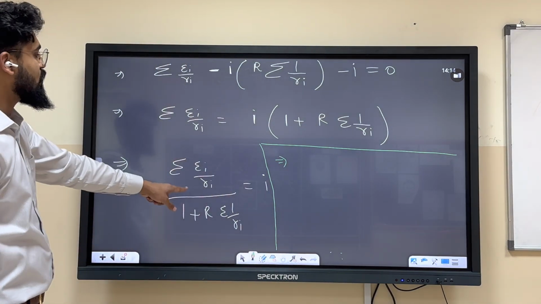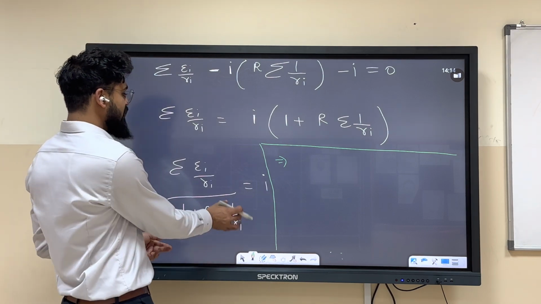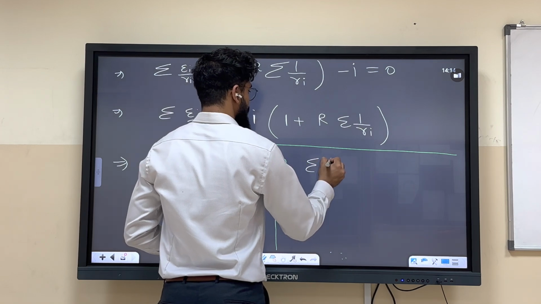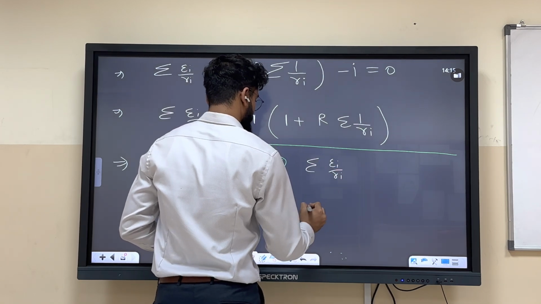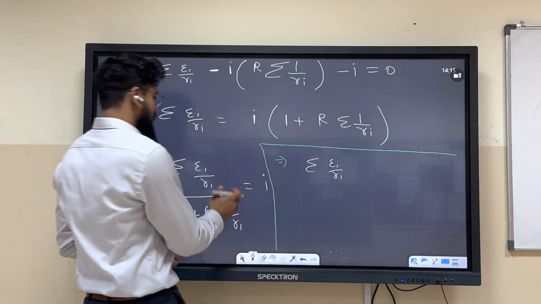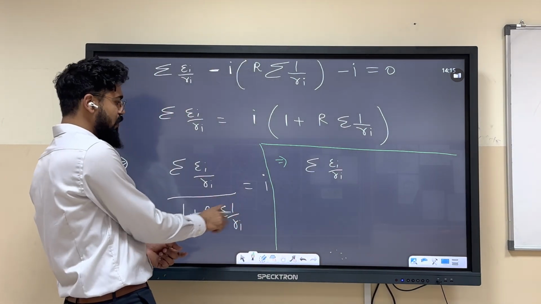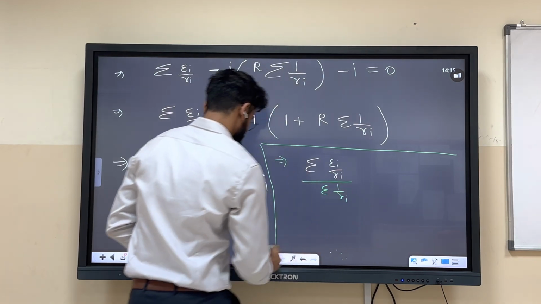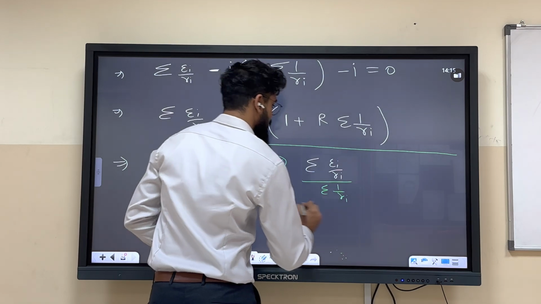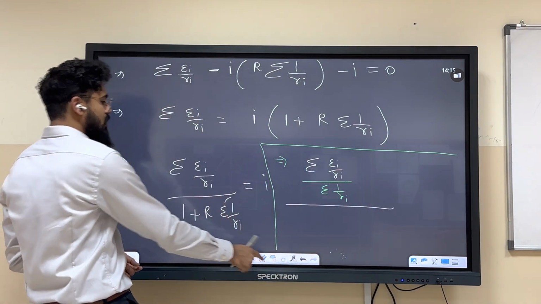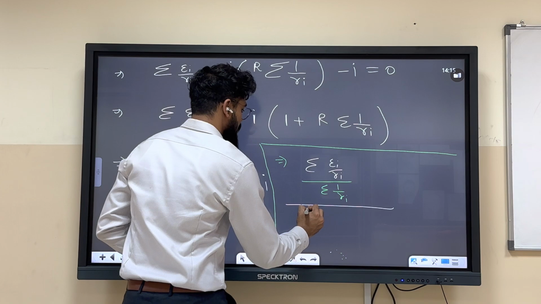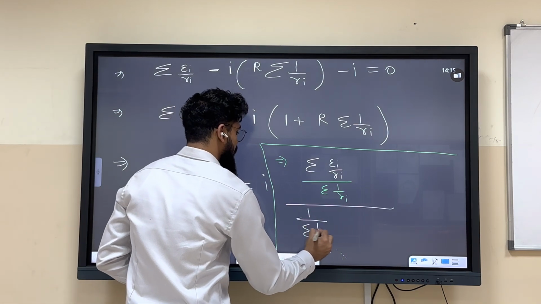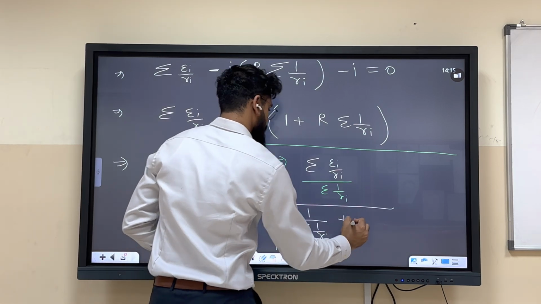I'm just writing it over here so that you can understand it better. We are dividing by sigma 1 upon R. So let's see how the answer comes. Sigma EI upon RI, okay, numerator and denominator are divided by 1 upon RI, divided by sigma 1 upon RI. So the answer will be 1 divided by 1 upon sigma 1 upon RI plus R.